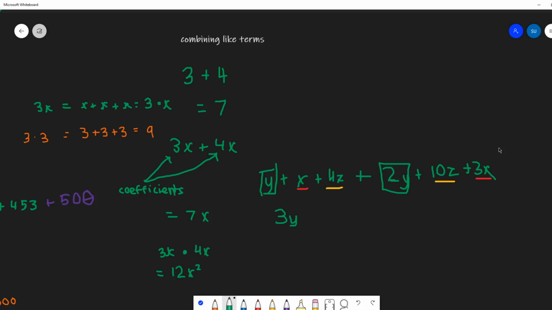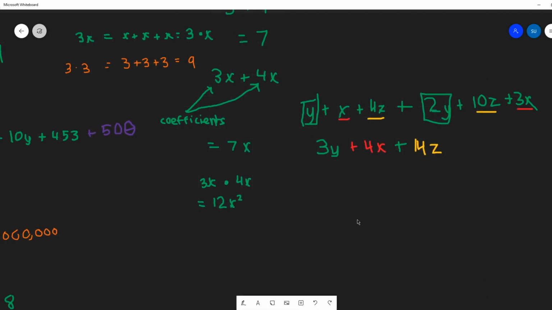And then we can combine the x's, and we get x plus 3x, which is 4x. And then we could do the same thing for the z's, so 4z plus 10z, and that is going to be plus 14z. So that's basically combining like terms. Let me actually make that yellow.